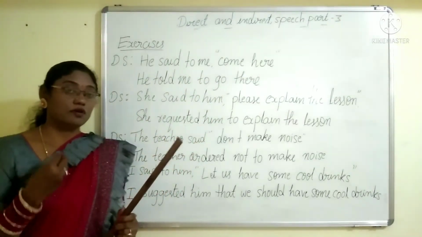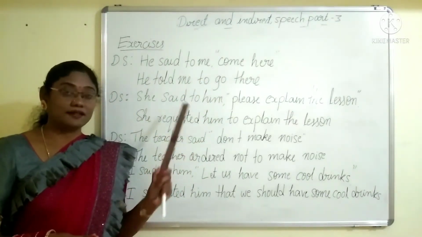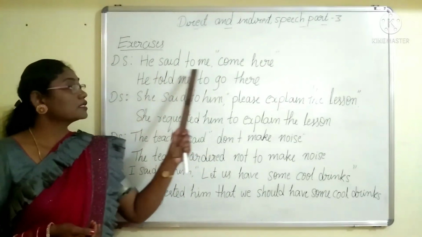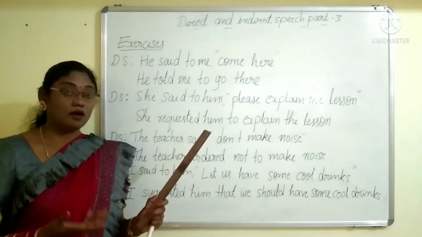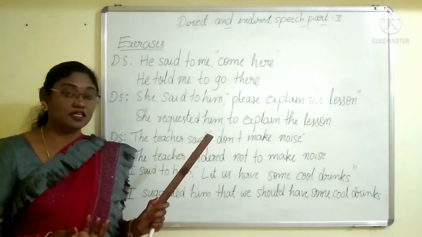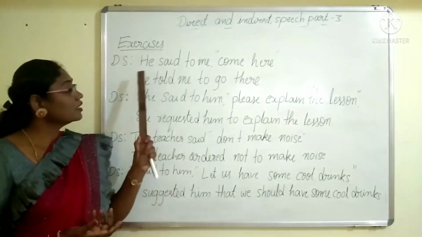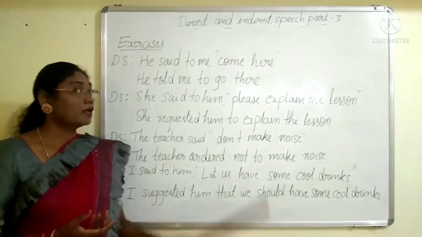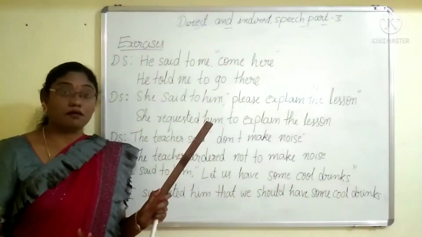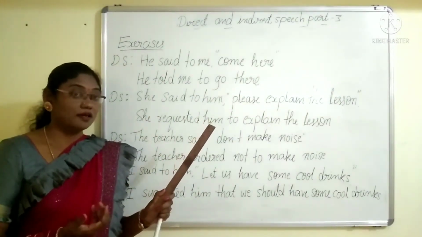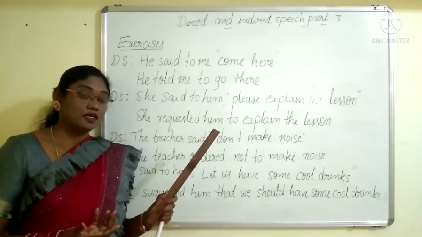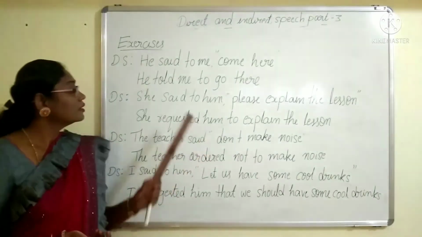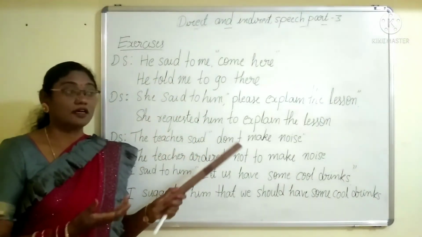Before doing the exercises, you have to make sure whether the sentence is an order, commanding or requesting and so on. See, it seems like just an instruction, right? And it can also be commanding, come here. So that all depends upon the speaker's tone or intention.